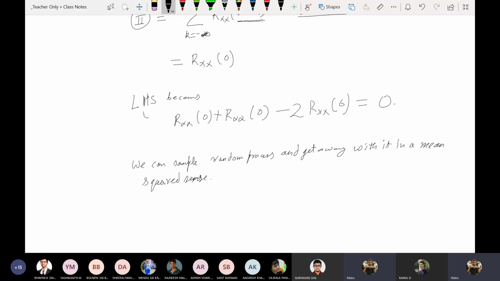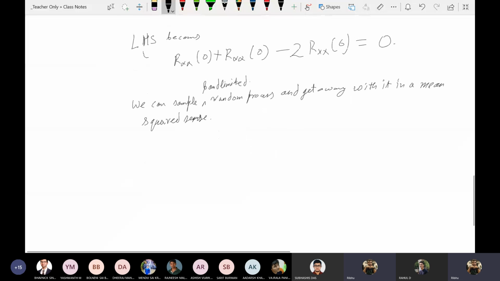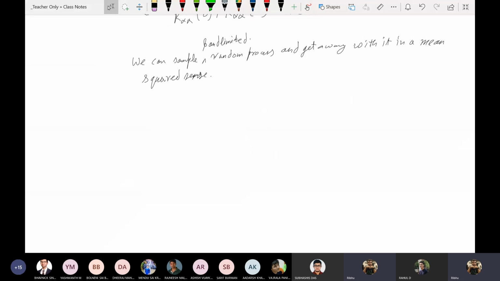So we can sample band limited random processes in a mean squared sense. Fine. So this completes the discussion on sampling. That we can now convert an analog signal to a discrete time.